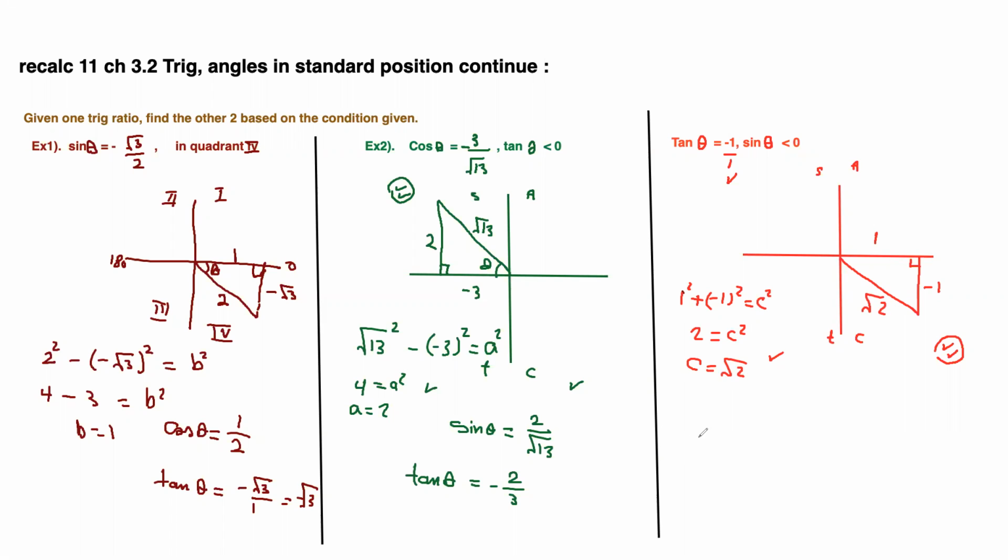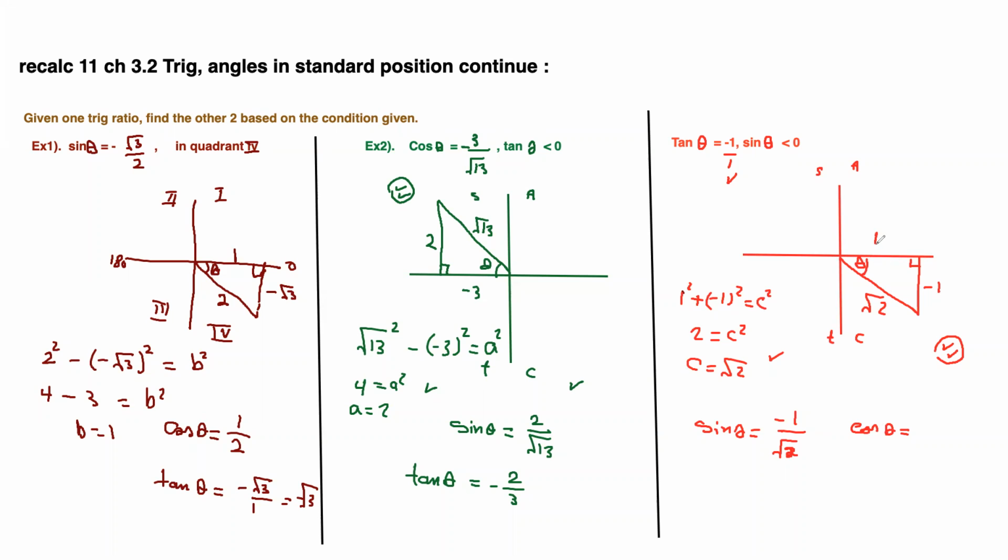And therefore, the missing 2 trig ratios are sine theta and cos theta. The sine will be -1 over √2. It's opposite over √2. This is theta, always between the terminal arm and the x-axis. For sine it's opposite over hypotenuse.